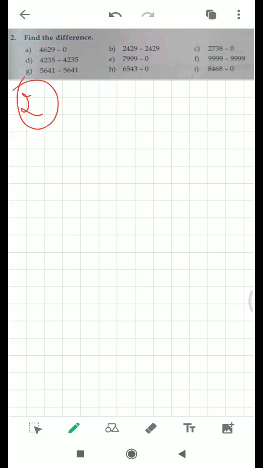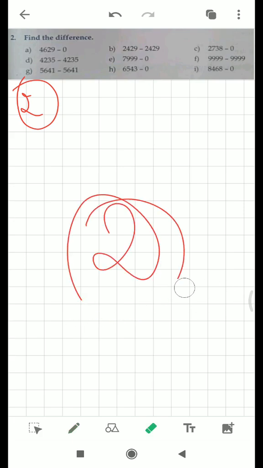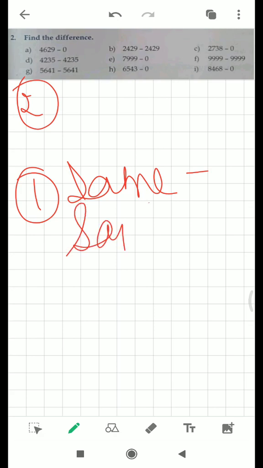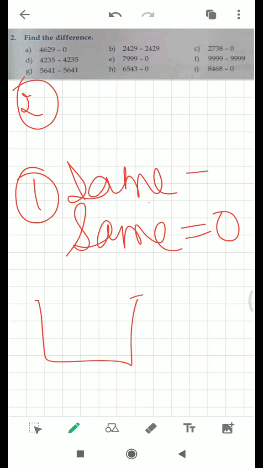Question number 2. Now question number 2 is very easy. Only two things you have to remember. And first one is same minus same comes out to be 0. अगर आप दो सेम चीज़ें मतलब सेम को निकालते हो, if you have one ball in the basket, suppose this is a basket, and you take out this one ball, now what is left in the basket?